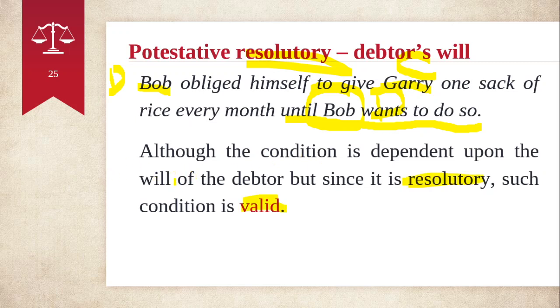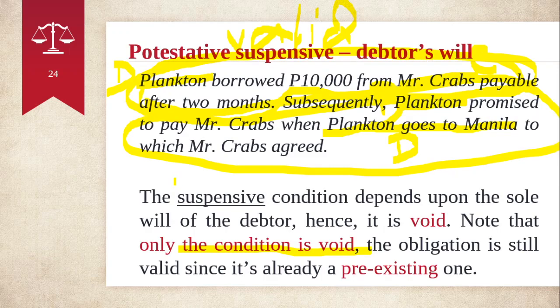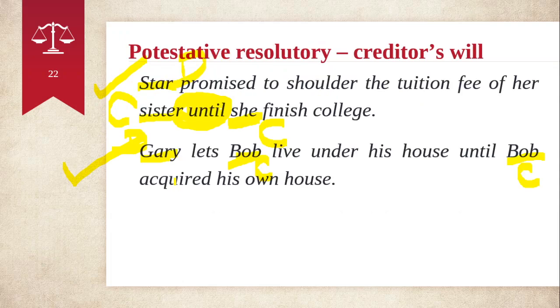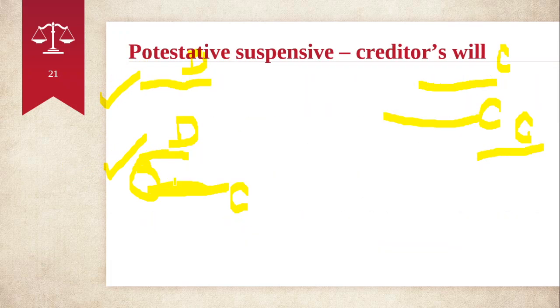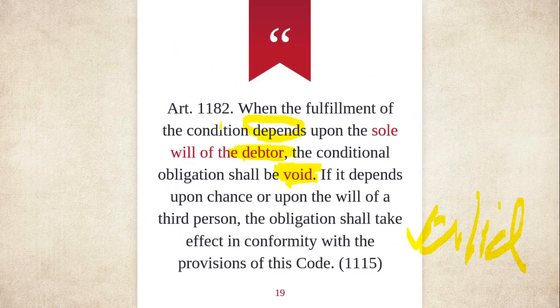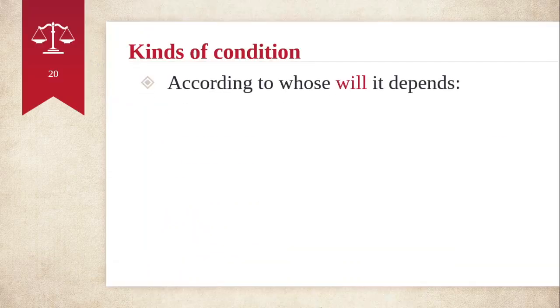This condition is valid. Balikan po natin ang article, provision, para ma-emphasize natin. Okay. Article 1182, when the fulfillment of the condition, ang condition na pinag-uusapan dito friends is suspensive to be specific. Suspensive condition that will make it void.